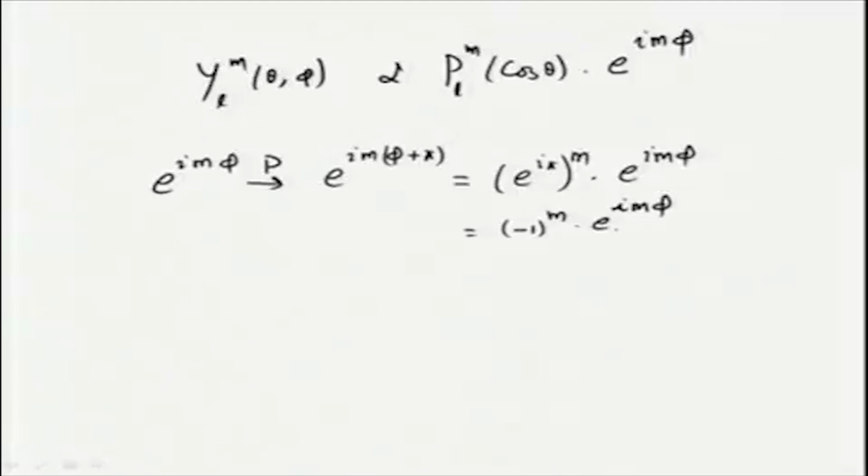So, there is a factor of minus 1 power m that the azimuthal part of the wave function picks up.